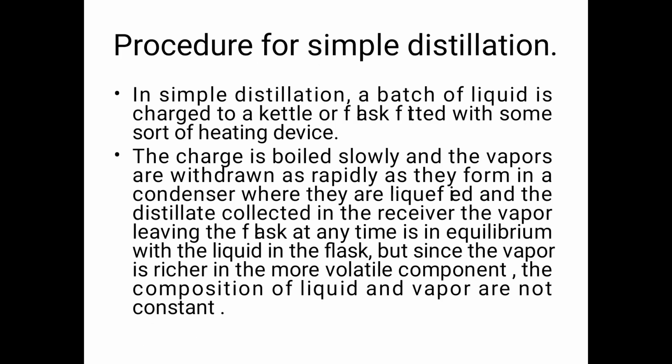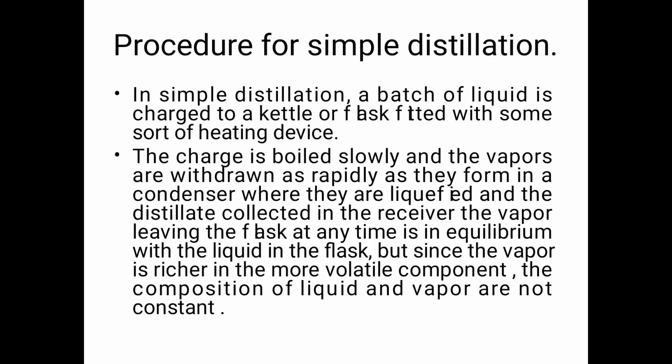This is the procedure for simple distillation. In simple distillation, a batch of liquid is charged to a kettle or flask fitted with some sort of heating device. The charge is boiled slowly and vapors are withdrawn as rapidly as they form into the condenser, where they are liquefied and the distillate collected in the receiver.